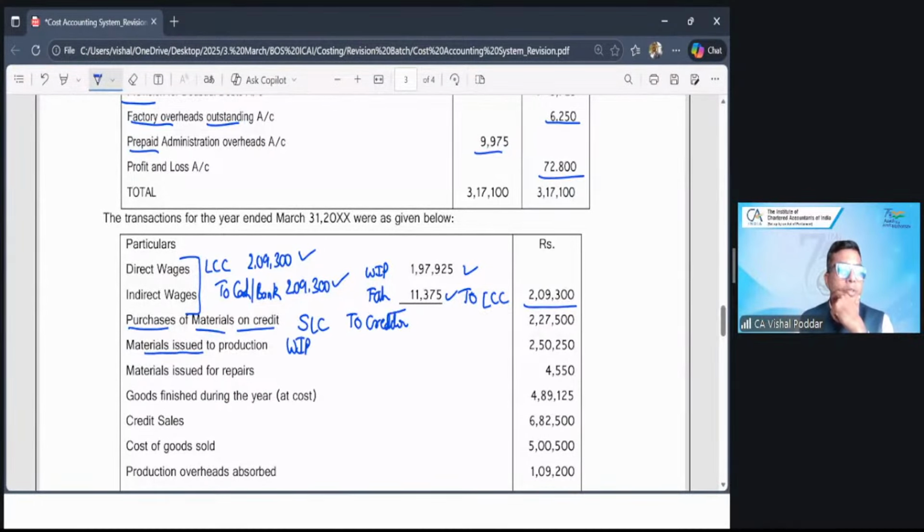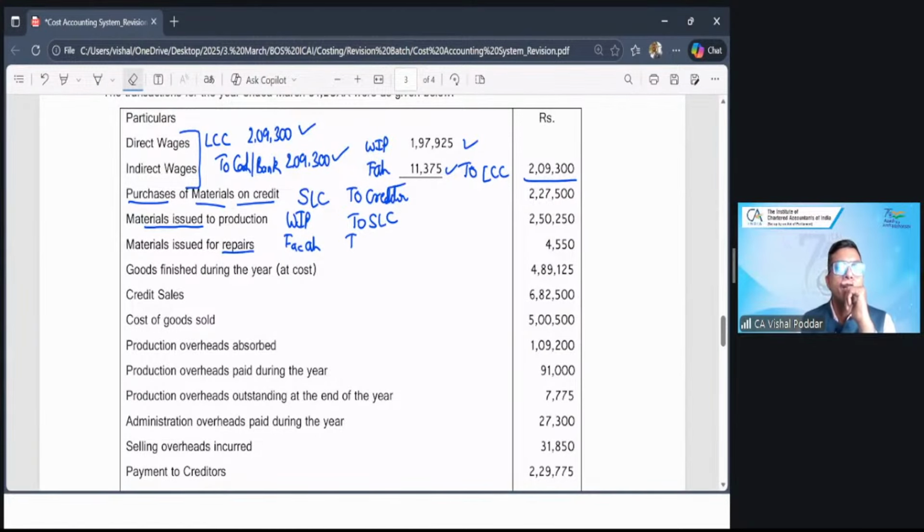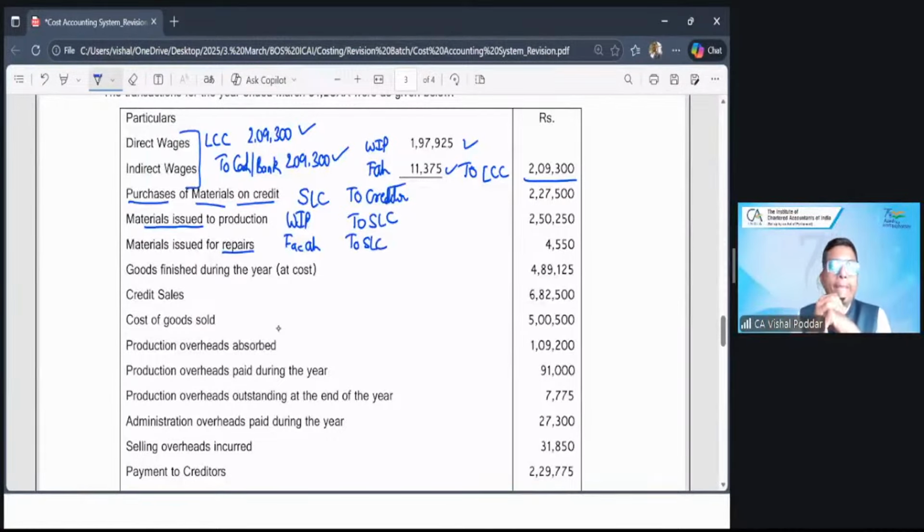So production account, which is the WIP account debit, and material account, which is the SLC account, will be credited. Used for repairs. So again, factory overheads debit. And since material has gone out, right, students?